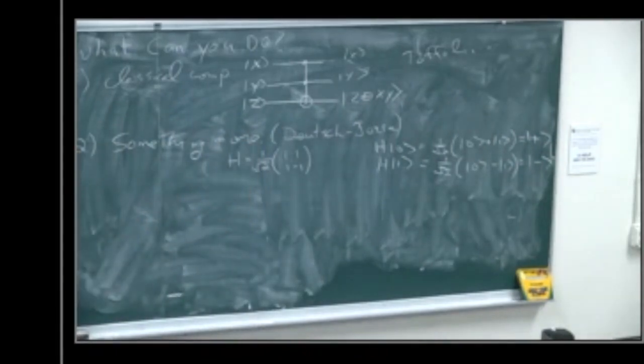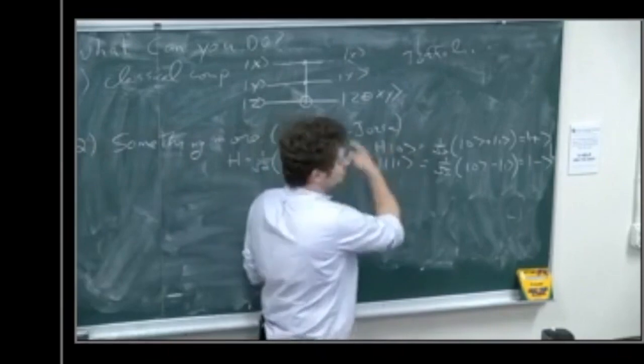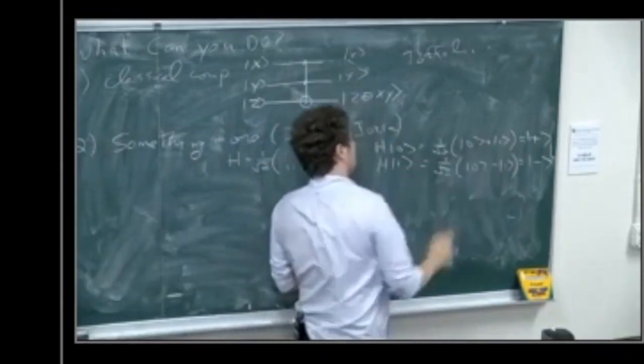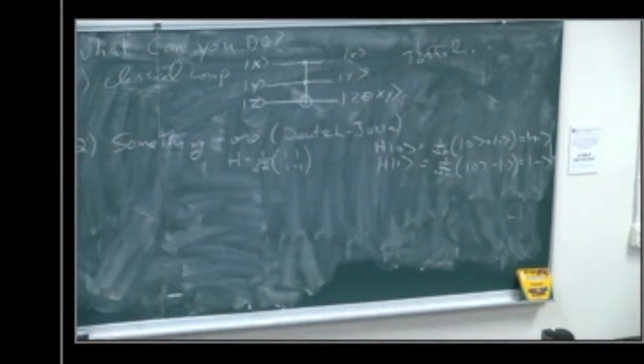Okay, so some mention of superposition. This is something that makes an equal superposition of the two logical states, the computational basis states. So it's sort of like really quantum.